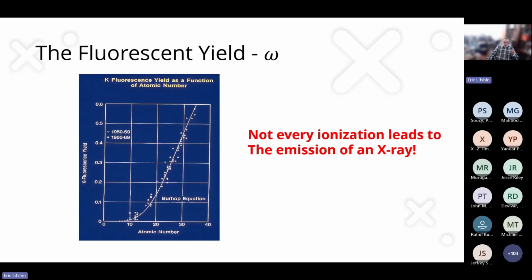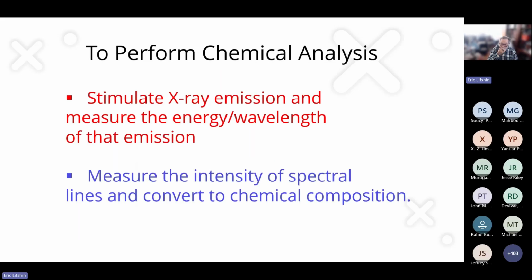But here, when we're talking about the production of X-rays, maybe only 1 in 1,000 or 1 in 10,000 of those electrons will cause ionization. The name of the game, as we move forward, is to get as much signal out as possible. So X-rays are nowhere near as efficient as electron excitation.